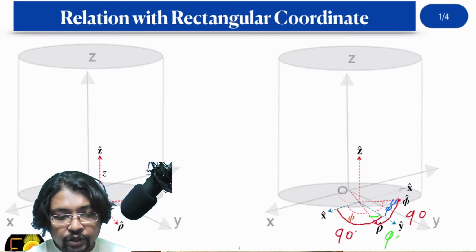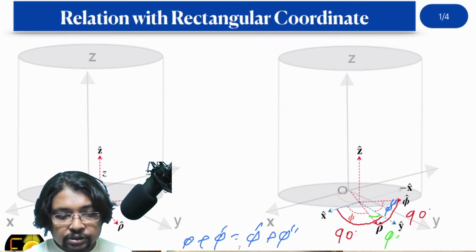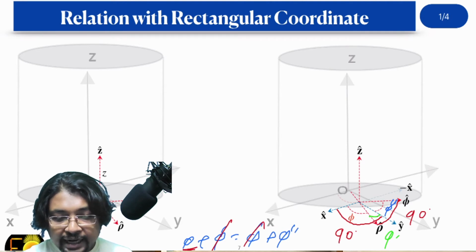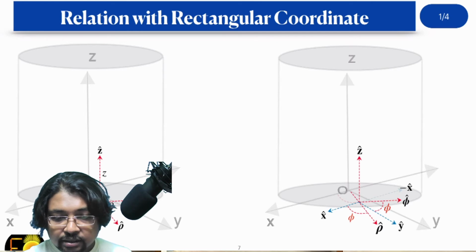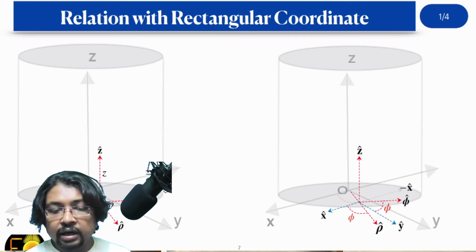And if you equate them, that phi plus phi dash is equal to phi dash plus phi double dash, so that will give you that phi dash is equal to phi, and that's why I can define this angle as phi.